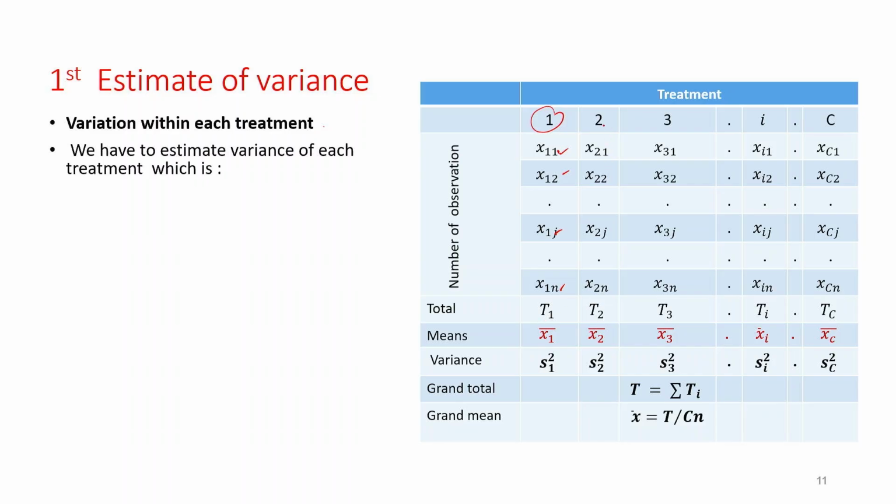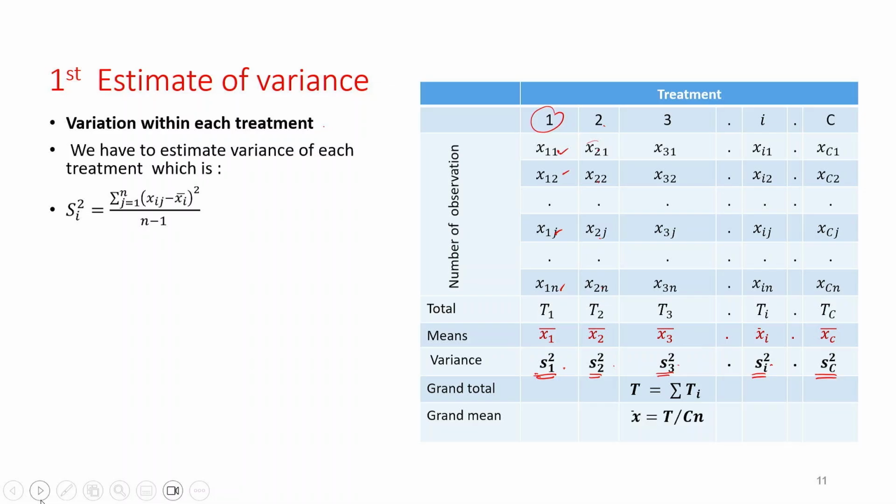Similarly, we go for treatment 2, again find these values, then find the variation between them. These variations are calculated and written here. So the variance of treatment 1 is S1 square, treatment 2 is S2 square, S3 square, Si square, up to Sc square. There are C number of treatments. So these are the variances.